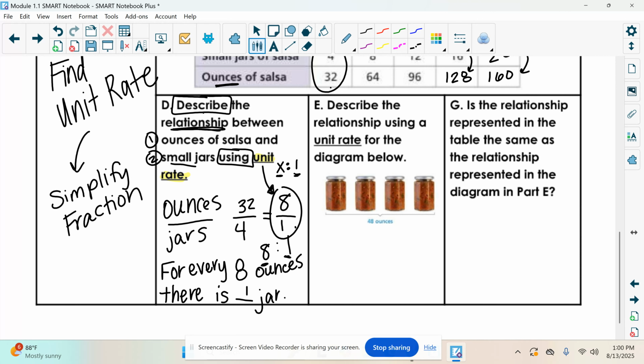You may also hear it as there is 8 ounces per jar. But this is what they were looking for. That 8 ounces to 1 jar is your unit rate. So we describe using unit rate.